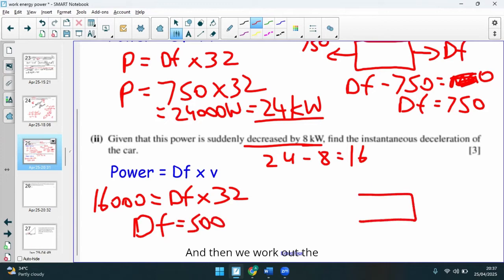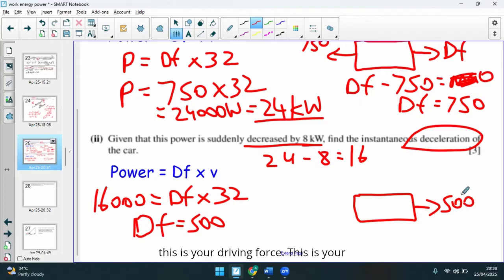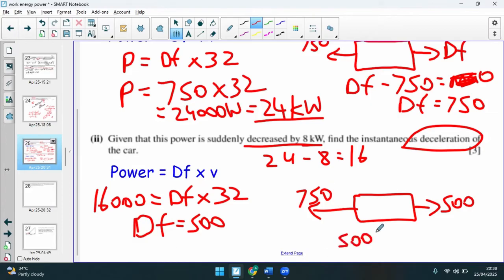And then we work out the acceleration, because that's what they want you to find. So this is your driving force. This is your resistance, which was 750 in the question. So right minus left is equal to ma. Your mass, which they gave to you, was 1250.